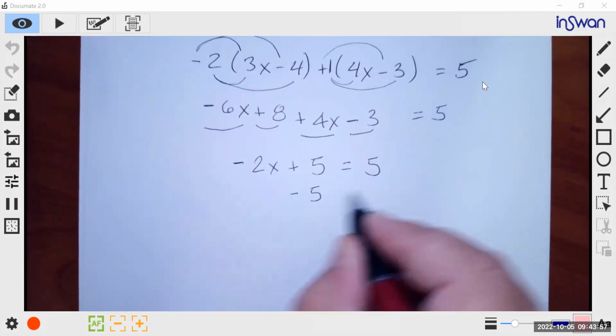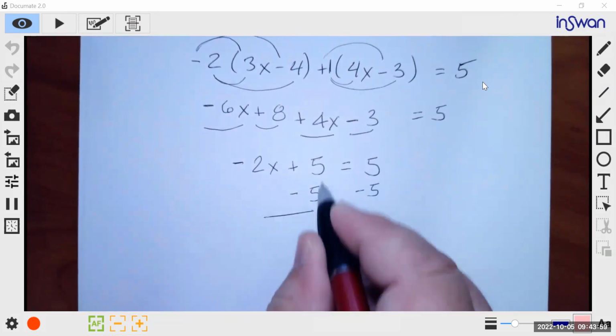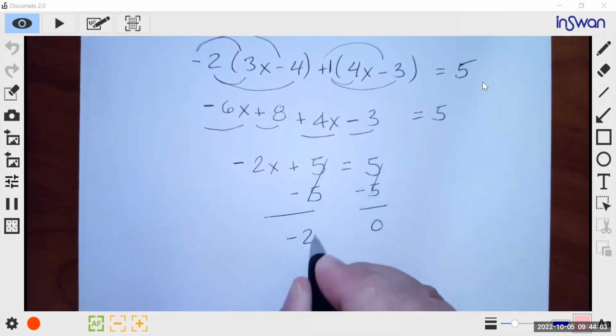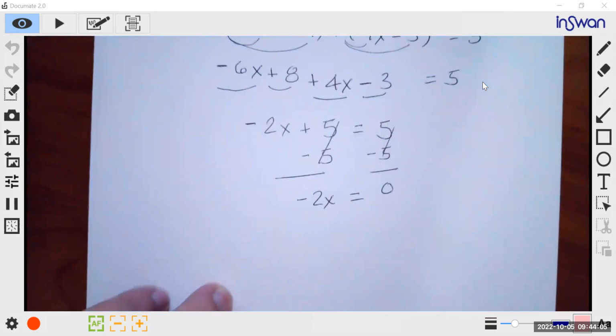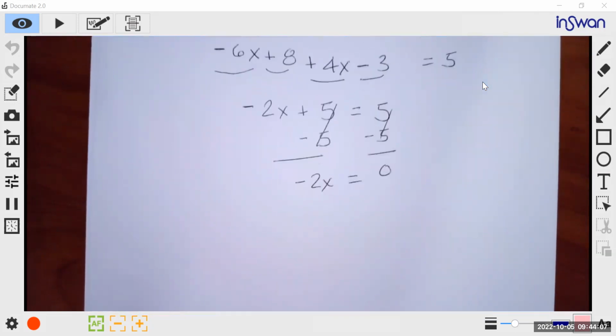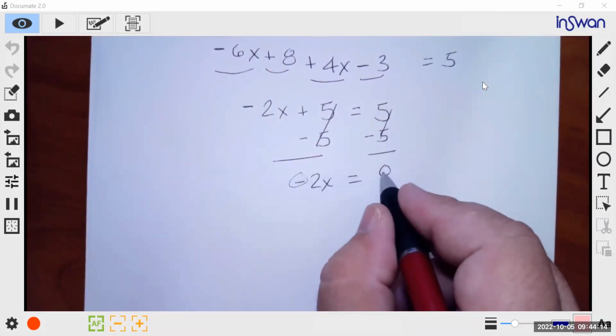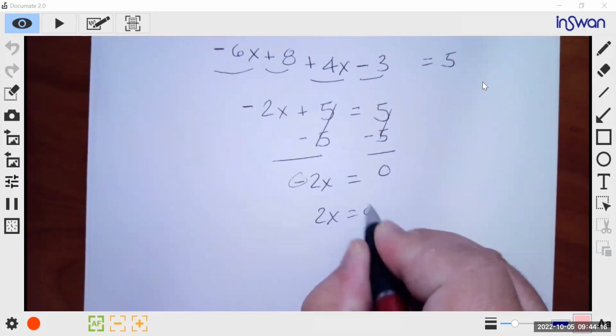Subtract 5 from both sides. We have negative 2x equals 0. And the only way this can be, okay, we can change the signs, but 0 doesn't have a sign, so it's 2x equals 0.